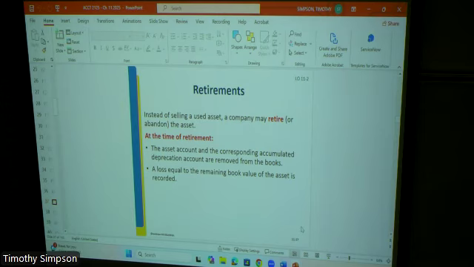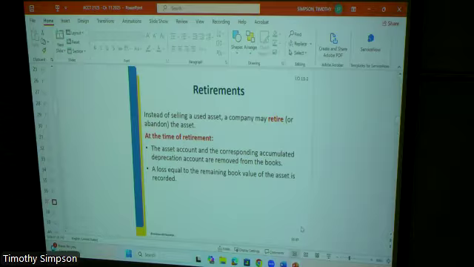Sometimes it may be depreciated down to its residual value, if it's the straight-line method, in which case it's a fairly easy transaction. You just simply remove the asset, remove the accumulated depreciation, and it's gone. There's no gain or loss because no one's buying it. We simply retire it.